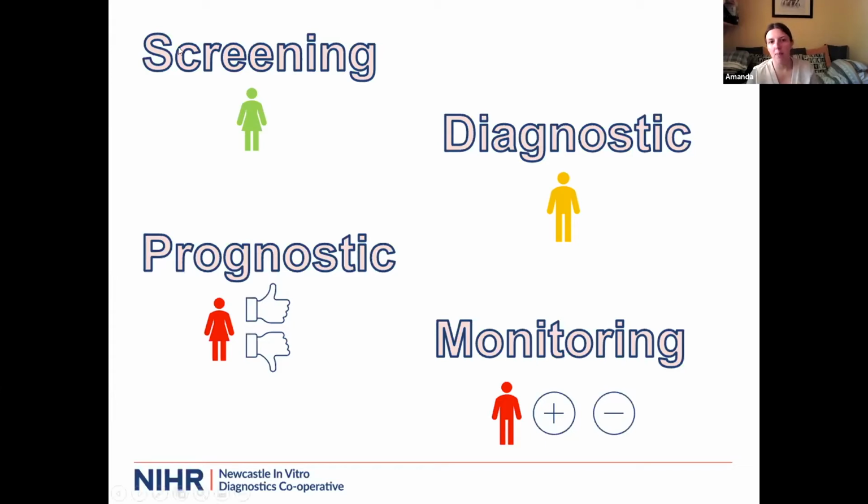So primarily today, what I'm going to be talking about is largely concerned with screening and diagnostic more so, and we're going to ignore prognostic and monitoring testing for today, but just to make you aware that they do exist.